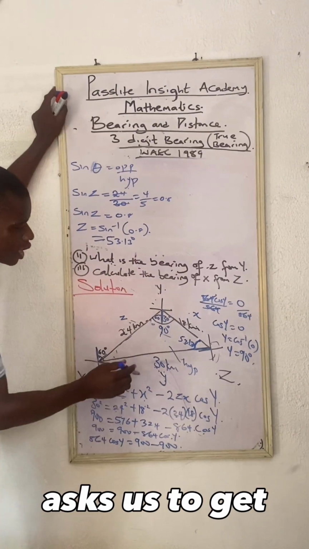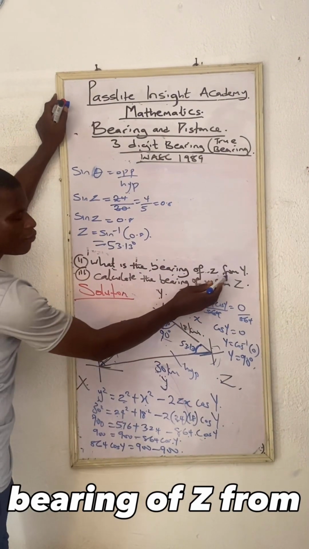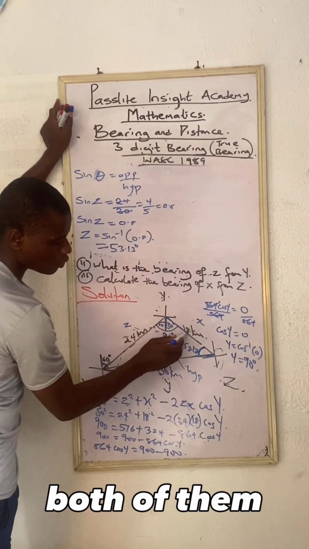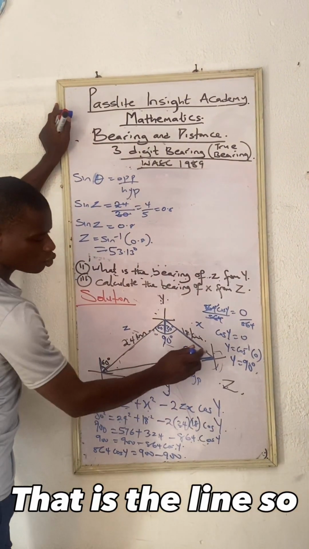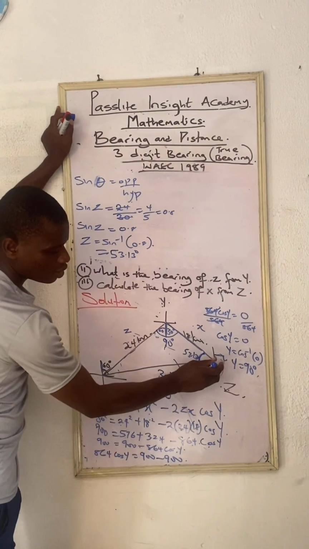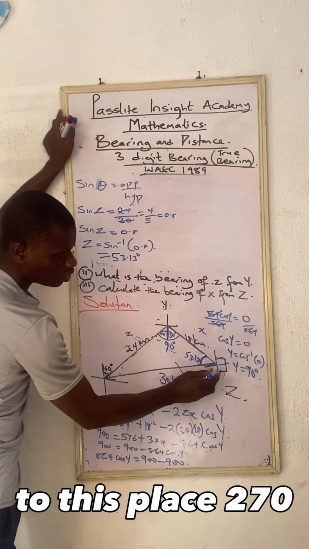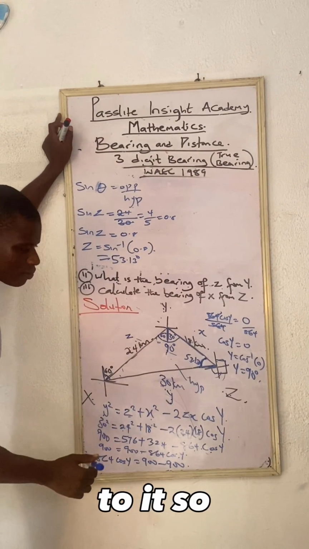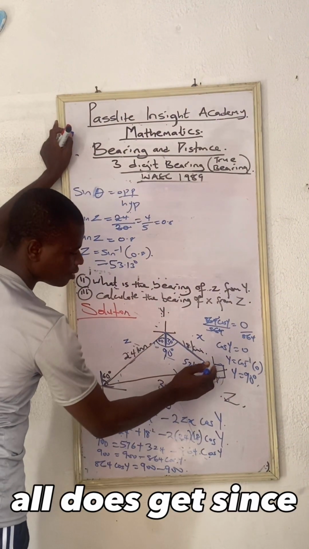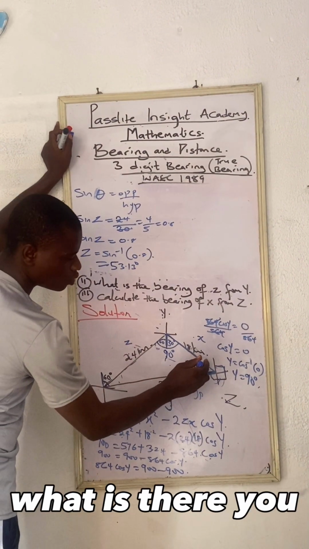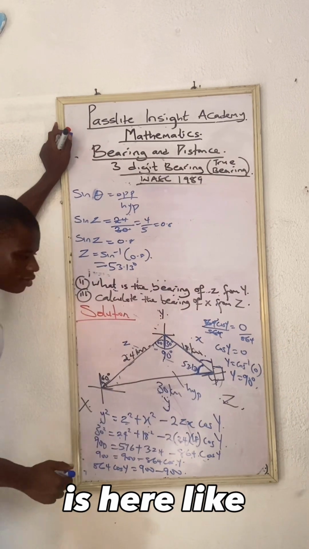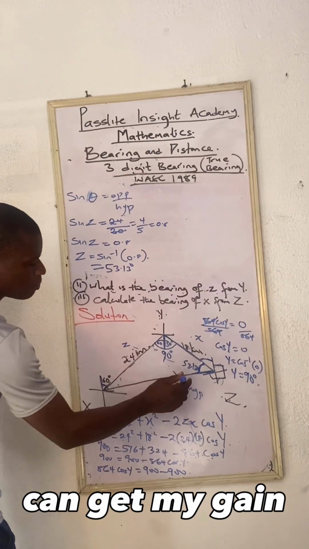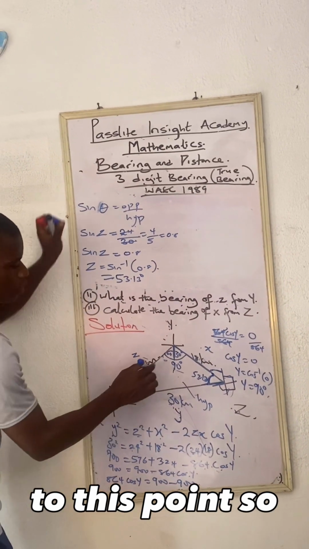And the question asks us to get the bearing of Z from Y. This is Y. The line that connects them is this line. From here to this place is 90, to this place 180, to this place 270. We don't know what is here, so let me get this place so that I can get my bearing to this point.